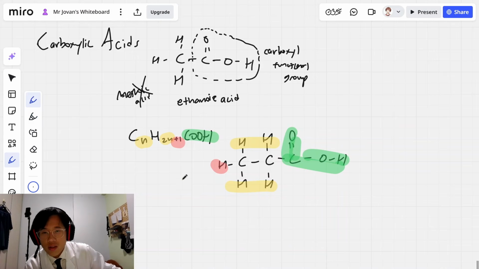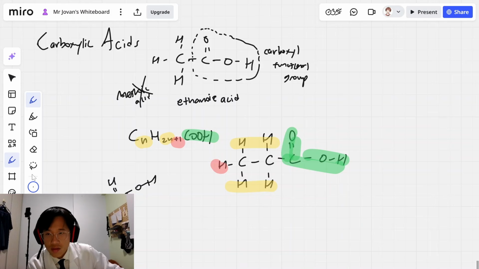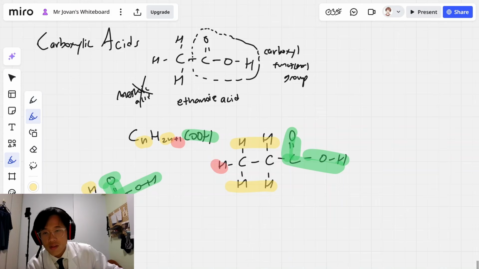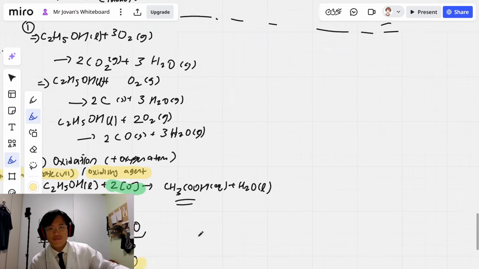So if I don't remember the general formula, I'll just draw to myself a random carboxylic acid. H, H, H. And then I can go and see, oh, there is 2n at the side, I'm only adding one H, and the rest of it is just the functional group. Very easy. Good that you guys know.